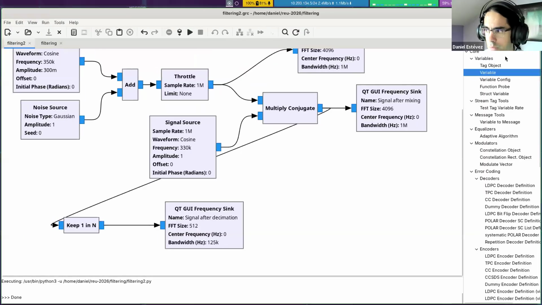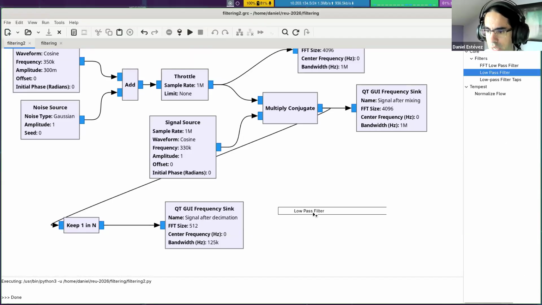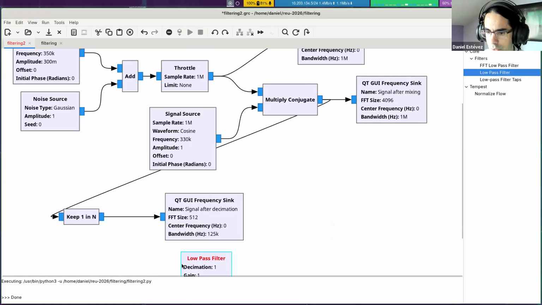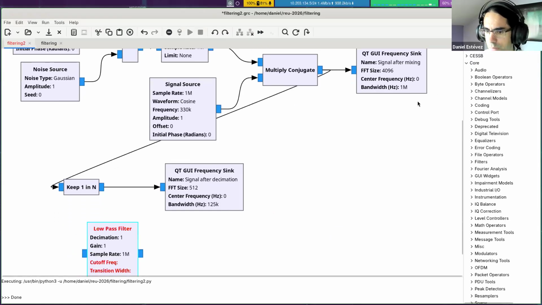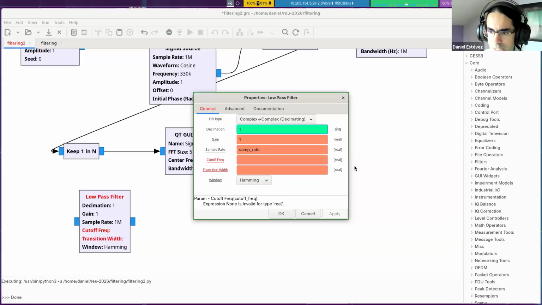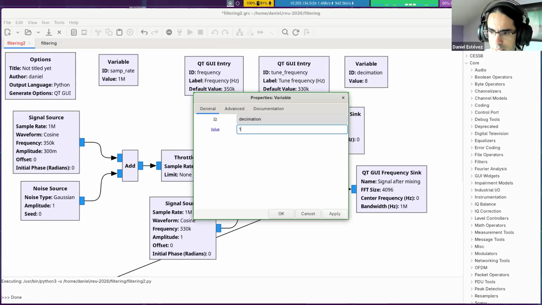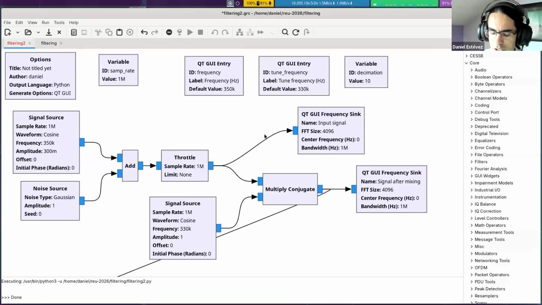Okay, so to do that in GNU Radio, I have already mentioned that there is a block called low pass filter. What are the parameters for the low pass filter? There is decimation. I'm going to set it back to 10 because I'm still mentally playing with the from minus 50 kilohertz to plus 50 kilohertz.